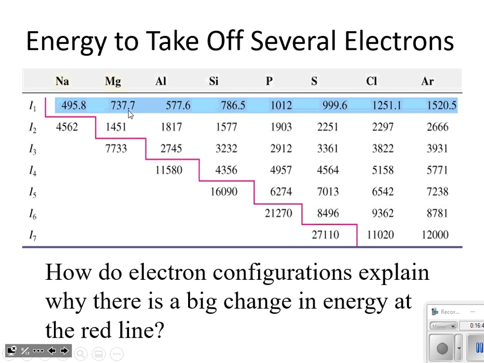So does it make sense that it's not going to take much energy to take away 2 electrons, but then that third one, bam, there's the rise. Okay, there's the rise. Why? Because if you take 2 electrons off of magnesium, he has a full outermost energy level. All right.